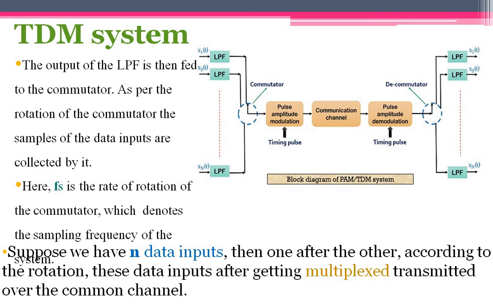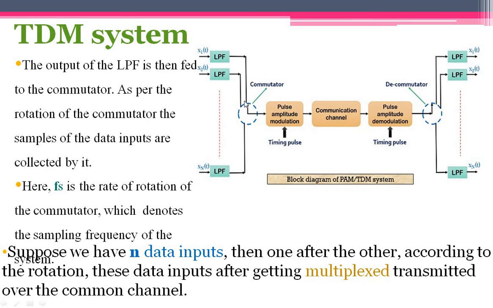It gives the data one by one: it first transfers the first signal, then after some time the second one, then after some time the third one. That's the reason we use this commutator.